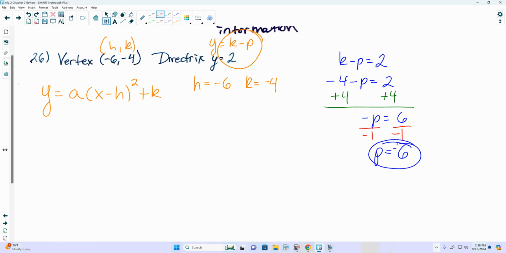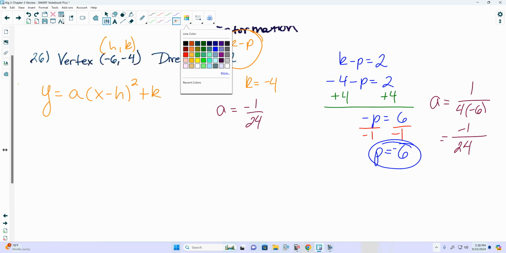I about put the wrong answer. P is -6. But the main reason we find p is to find a, which is equal to 1 over 4 times -6. And when we type that into the calculator, it will tell us a is -1 over 24.